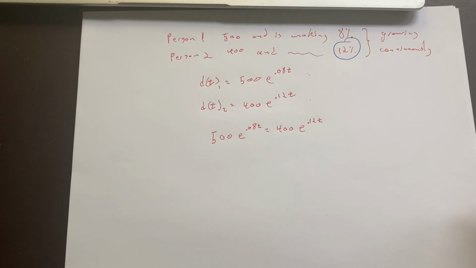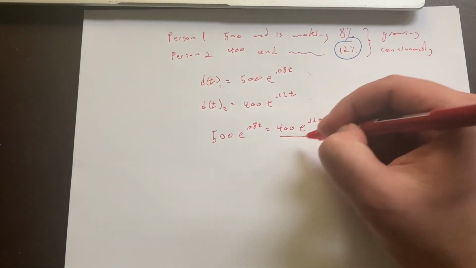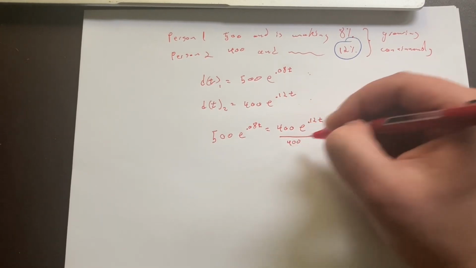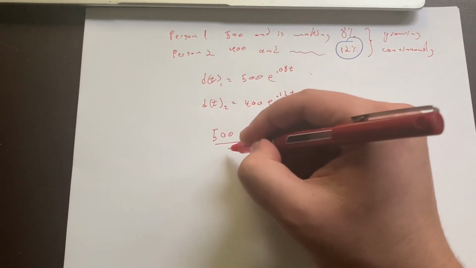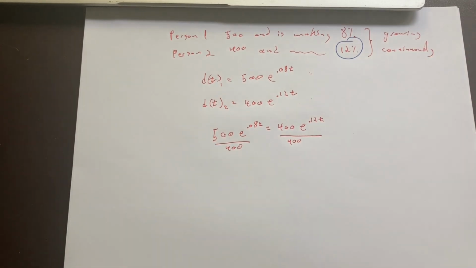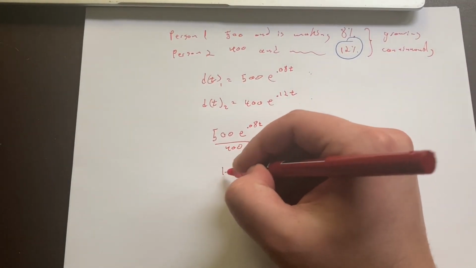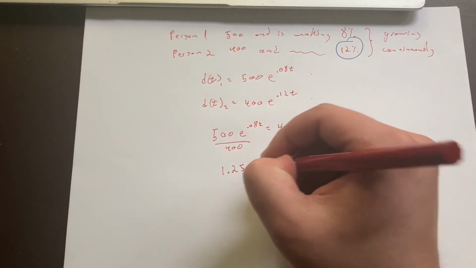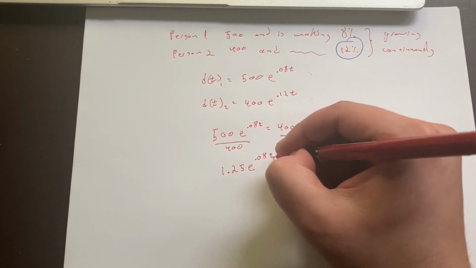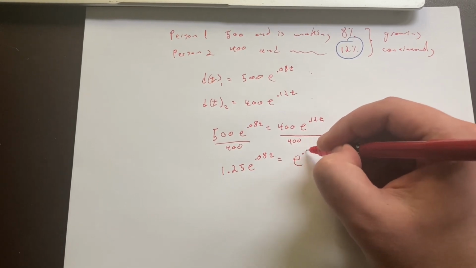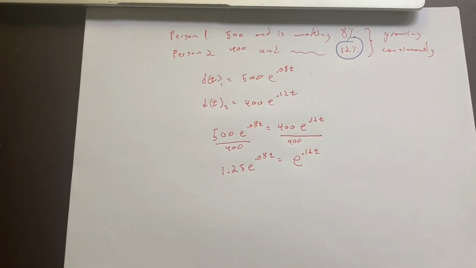All right. And now watch. I am going to divide by 400 on each side. I could have divided by 500, but I chose 400 this time. 1.25 e to the 0.08 t equals e to the 0.12 t. What's really important in Algebra 1 is getting all of your variables on one side.